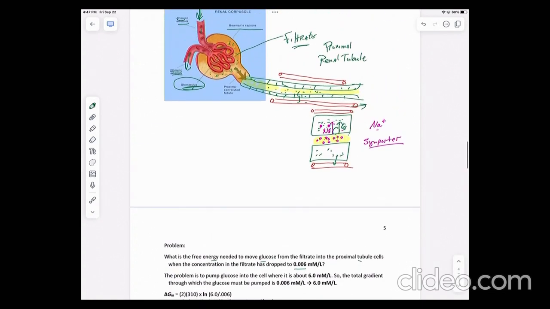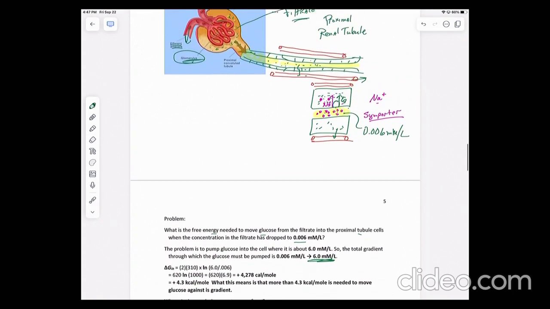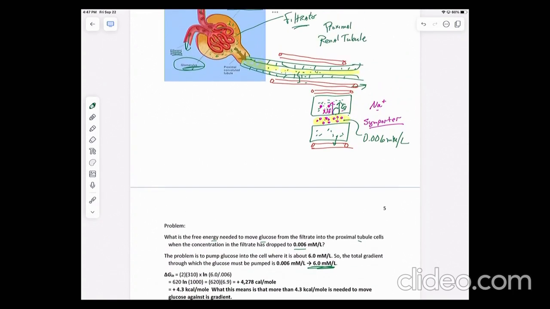So my glucose here is down to 0.006 millimoles per liter. And let's just assume that the glucose inside the cell is up to 6 millimoles per liter. So I've got 6 millimoles per liter of glucose in the cell, because as I'm pulling glucose from the filtrate, it's building up in the cell, building up in the cell.